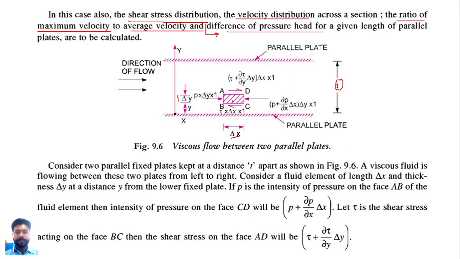So here is one arbitrary small fluid element ABCD, placed at a distance of y from the below fixed plate.